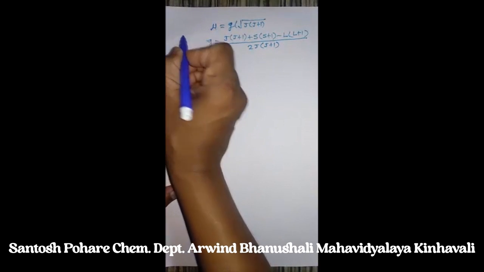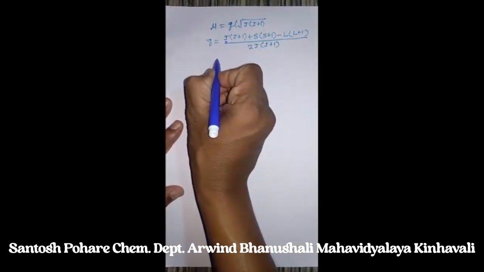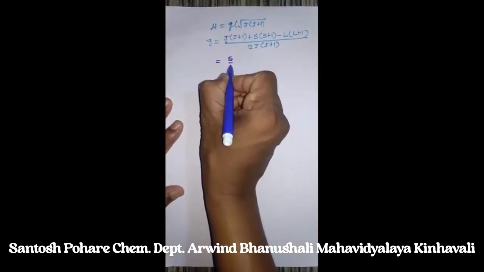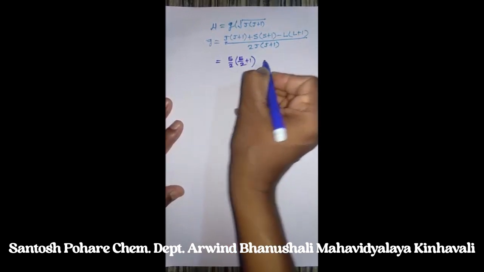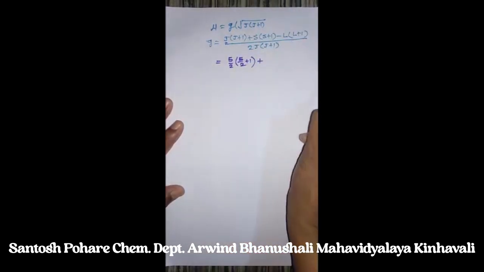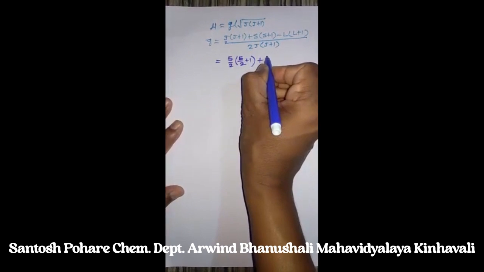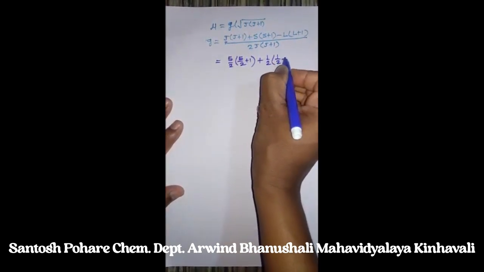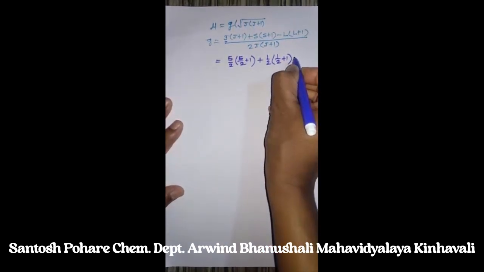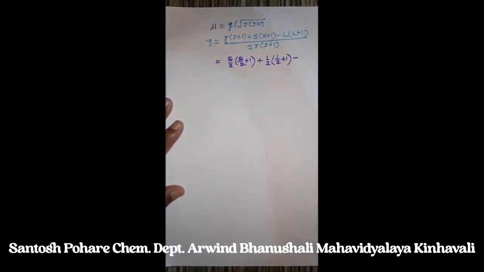For J, we have the value 5 by 2 into 5 by 2 plus 1, plus, what is the value of S? S we have 1 by 2 into 1 by 2 plus 1, minus, what is the value of L?